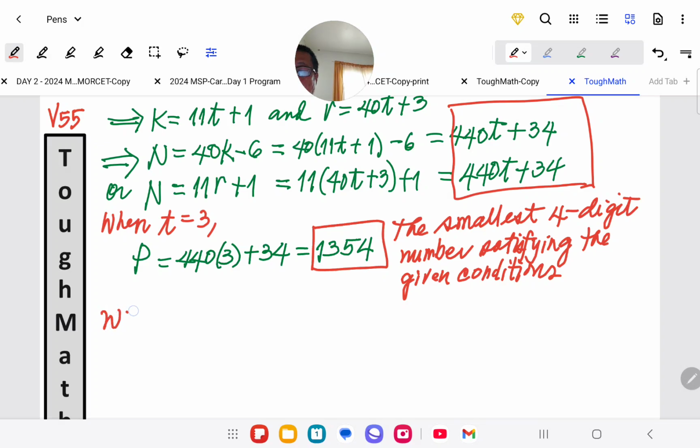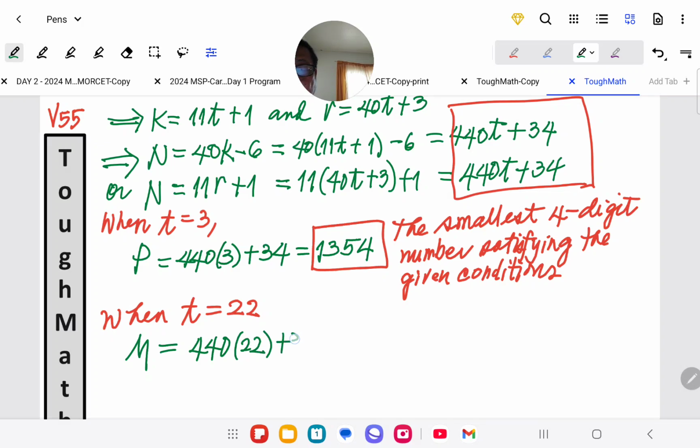And when t equals, again, this is done by trial and error. We try specific values of t, and it happens that when t equals 22, we have m, the largest 4-digit number, which is 440 times 22 plus 34. Okay, and this gives us 9,714.